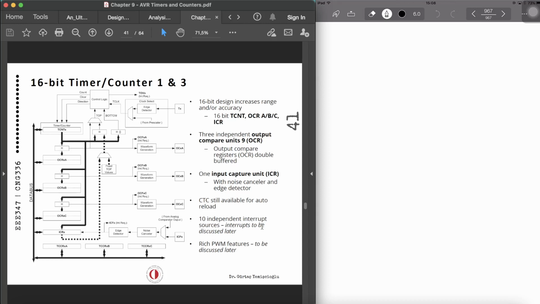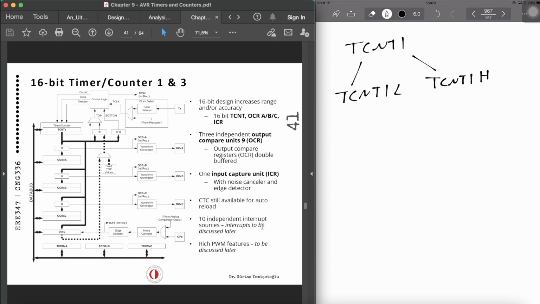So we have to have two 8-bit registers in order to use a 16-bit timer. In this case, the TCCR, OCR, or TCNT registers are split into two. So for example, TCNT1 is divided into TCNT1 low and TCNT1 high.